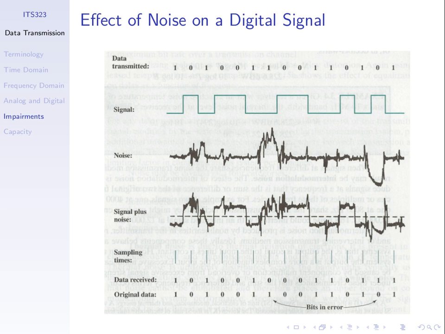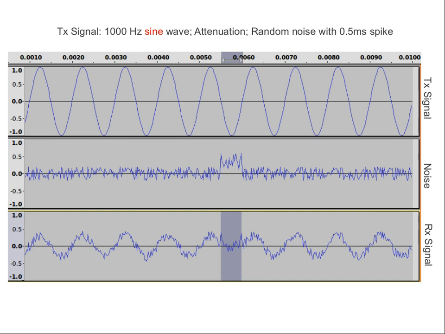We want to understand what impact noise has on different signals. We finished with this example yesterday where we have first a simple sinusoid. We have some noise, and the received signal is the addition of the transmitted signal plus the noise.